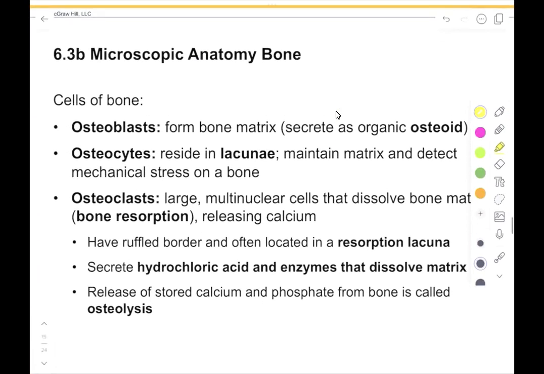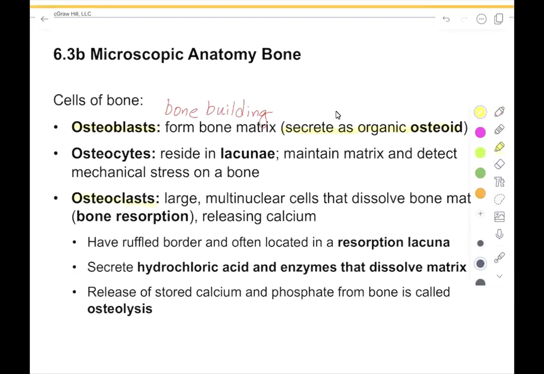Now, looking at the microscopic anatomy of bones, we have these specialized bones, which I've already mentioned to you in the previous slide. Important cells are osteoblasts. These are cells that secrete matrix called osteoid. So I want you to think of them as bone building cells. And this is all in a process of bone remodeling.